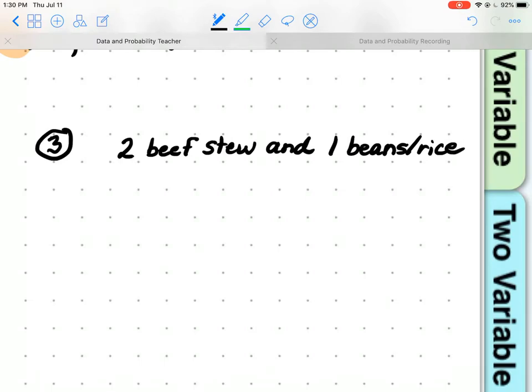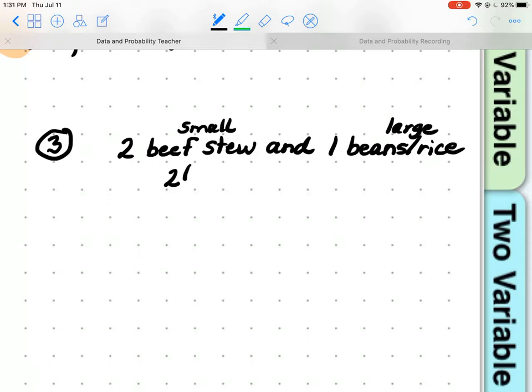So I look at my, what am I missing? What did I not write down? That is so important. The sizes. We want 2 small beef stew and 1 large beans and rice. That's important.